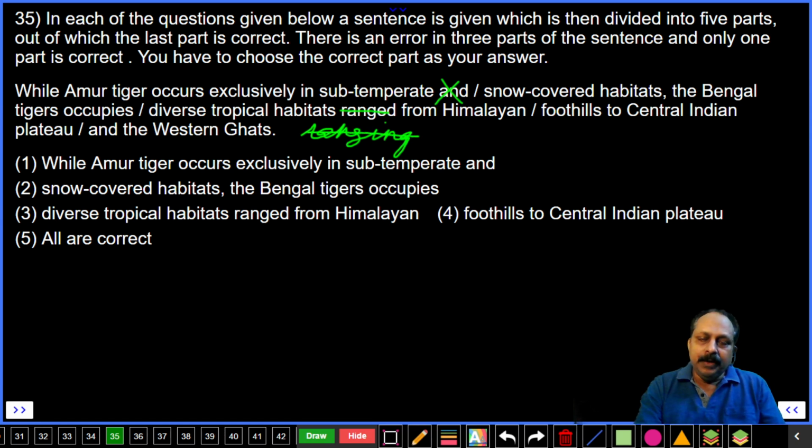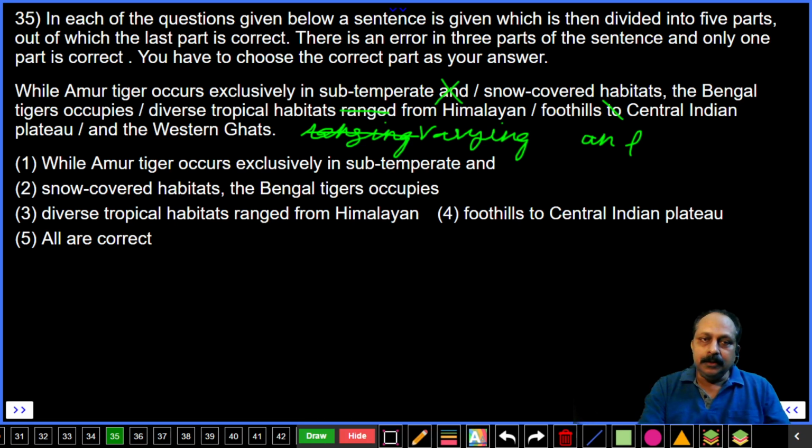A bit difficult to make out. Varying from Himalayan foothills and central Indian plateau and the Western Ghats. It should be not the word ranging, varying from. I'll read the sentence.